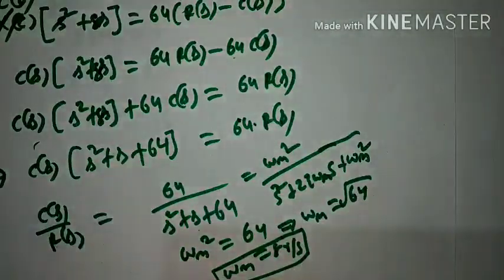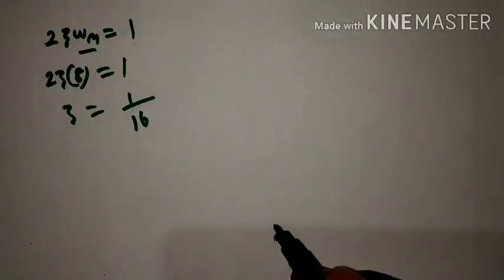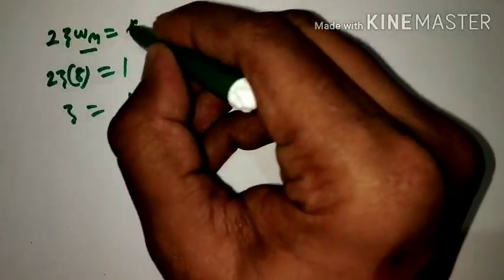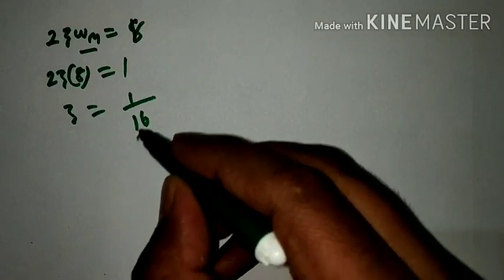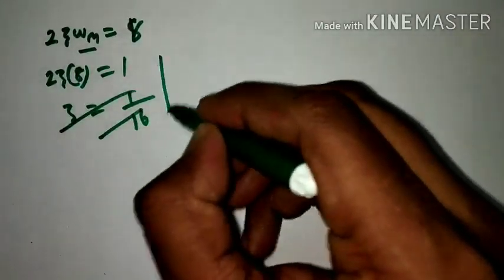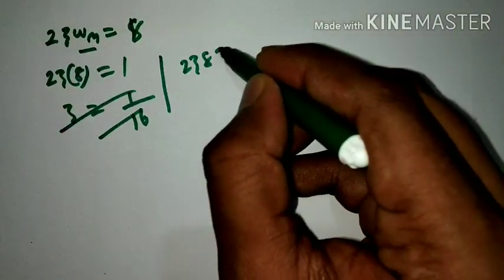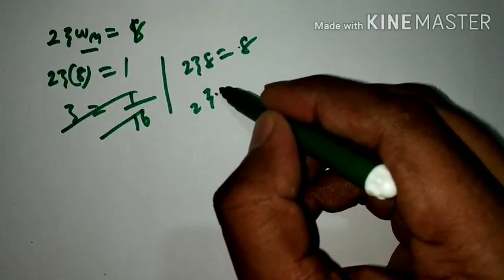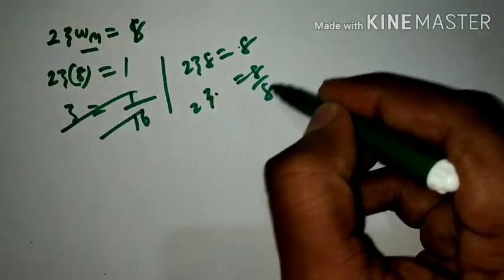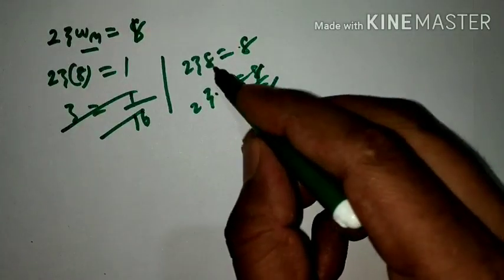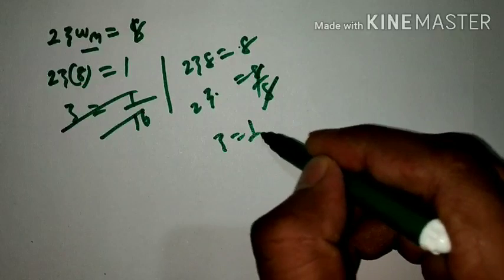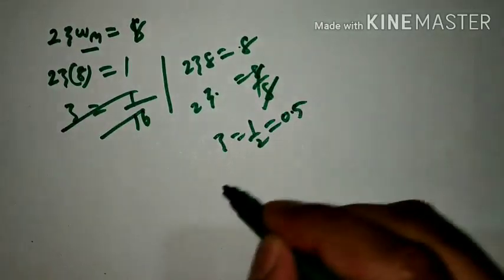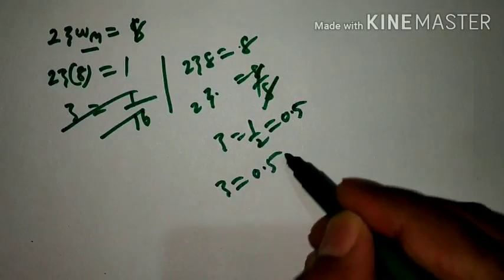So this would be 8, and 2 zeta 8 is equal to 8. Both 8s get cancelled, so zeta is equal to 1 by 2, so it is 0.5. So zeta is equal to 0.5.